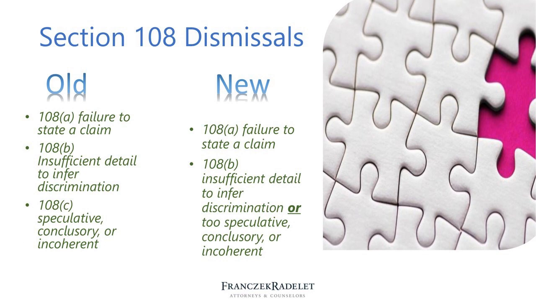Under 108B, you would dismiss if you found insufficient detail to infer discrimination, and you would dismiss under C if something was so speculative, conclusory, or incoherent that you just didn't know what they were talking about. Now, these have been combined into one section, and I think that makes sense because most of these cases, you could use B or C. It could be a toss-up as to which one you would use to dismiss.